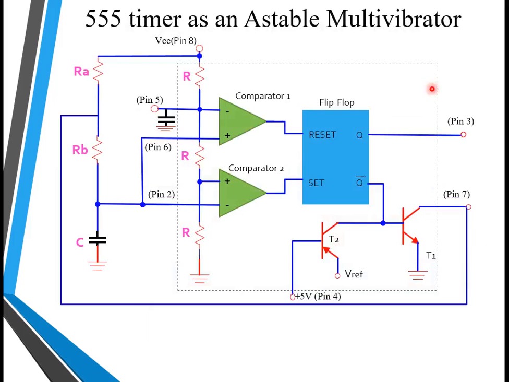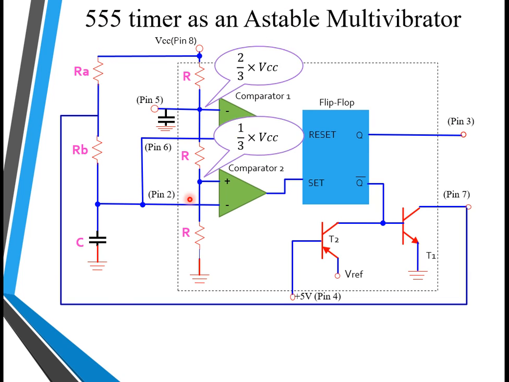Here the circuit diagram of 555 timer as an astable multivibrator is shown. Here we see two resistors which are externally connected with the 555 timer, and one capacitor C is connected.